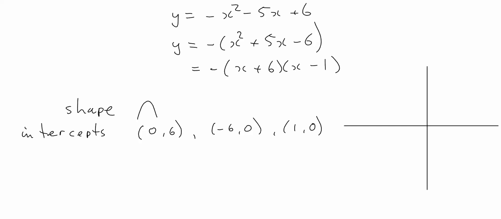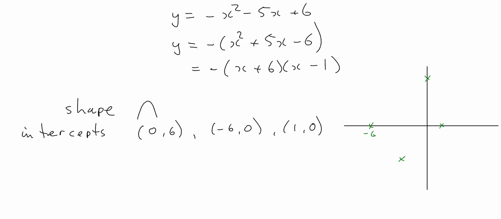So in this case we again have an intercept of the y-axis up here at 6, but we have intercepts of the x-axis down there, minus 6 and plus 1. Intercept either side of the y-axis, but the minus 6 is further away, and so we must have a minimum point down here somewhere.